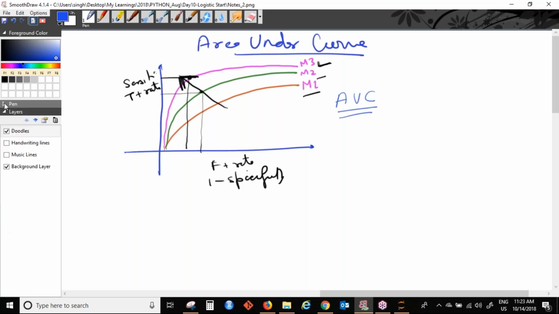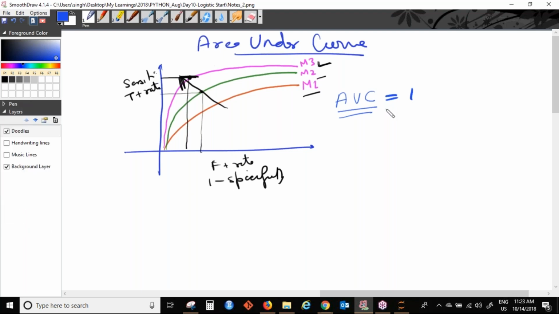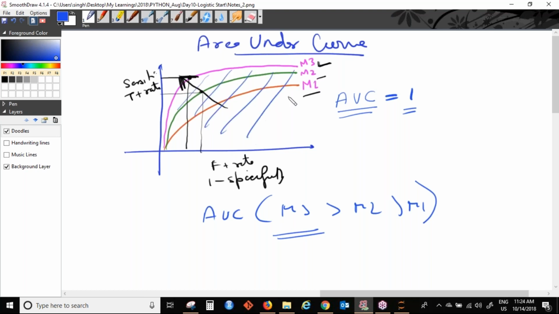You can clearly see that model M3 has the highest area under curve. The maximum value it can take is 100%. Obviously, you will never get 100%, but the closer to 1, the better that model is. So here the area under curve of M3 is greater than M2, which is greater than M1. So M3 is the best model, clearly, for the same reasons that you guys mentioned, but we can directly use the area under curve to evaluate that.